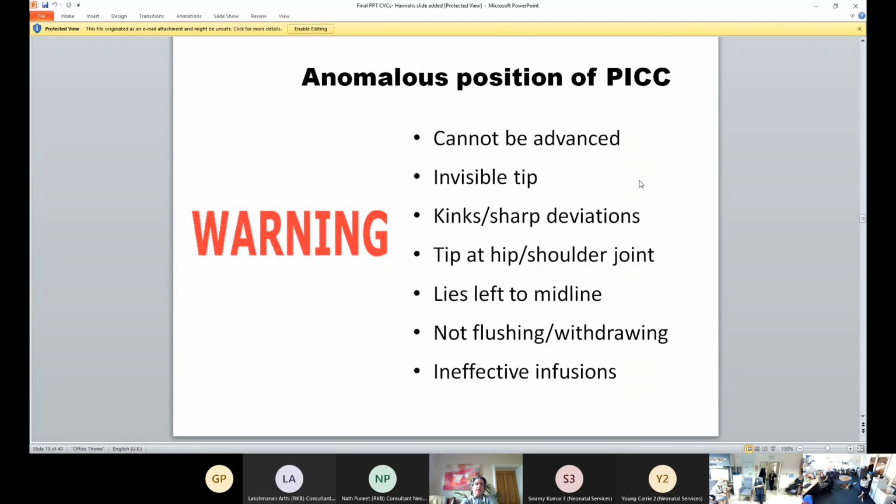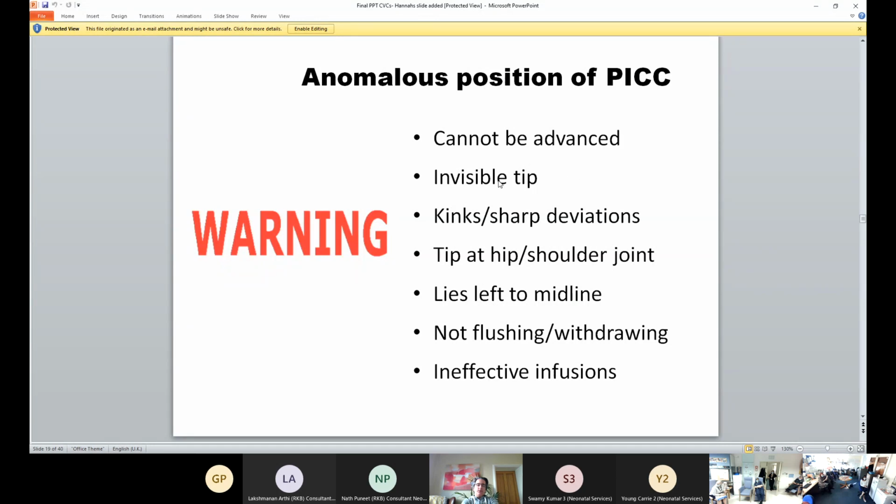So these are the warnings that we are in the wrong position. Number one, during insertion, if you face difficulty advancing the long line or the umbilical line, that means we are not going in the right direction. Probably the line has deviated into a smaller vein, so that's why you're struggling to advance it.